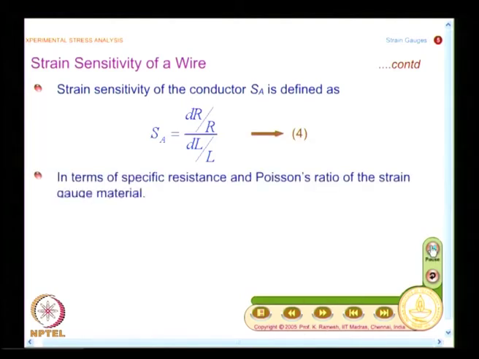So, you define what is known as strain sensitivity of the conductor, S_A.